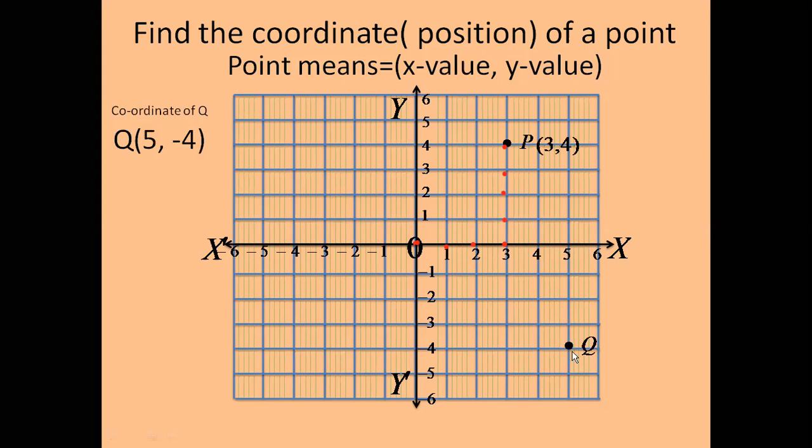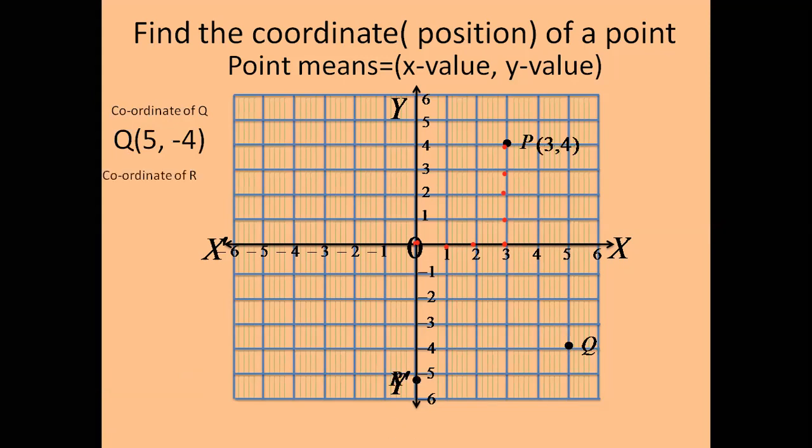So to get this point, we stop at 5 and then come down, and after 4 we got the Q, and Q is down. For down it will be minus, for left side it will be minus, and down it will be minus. Okay, let's go for the other things.